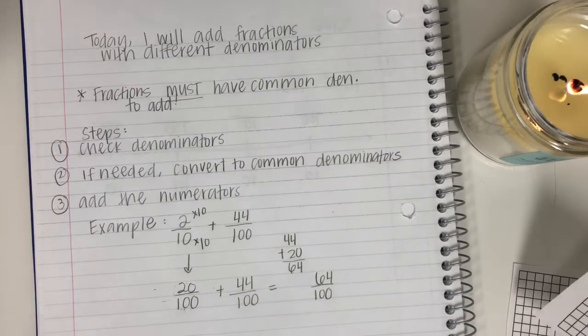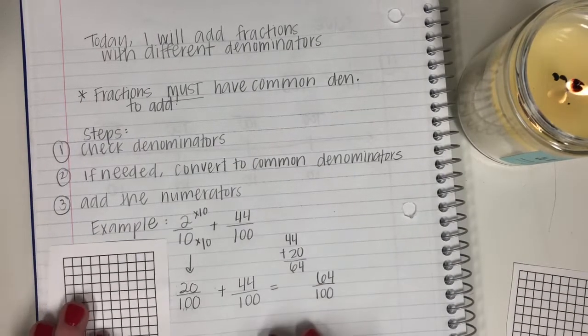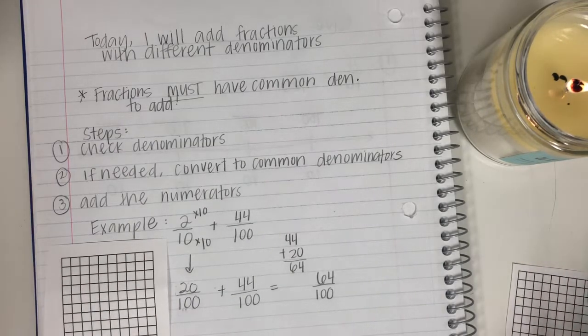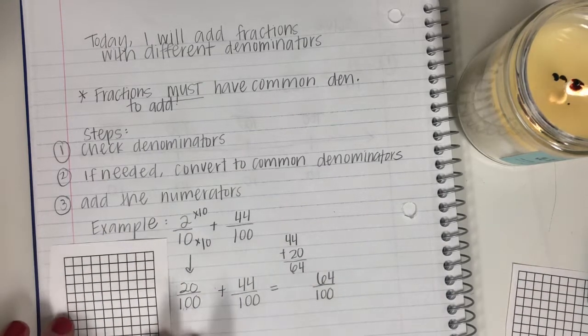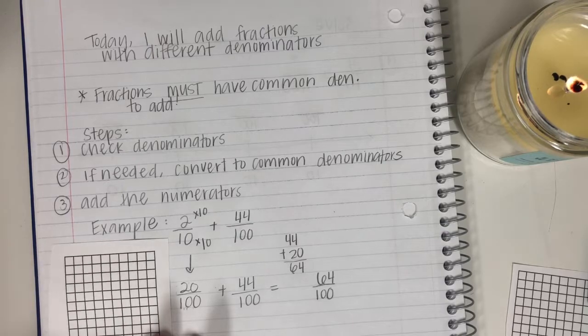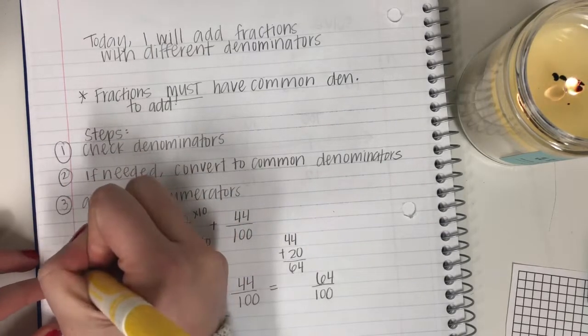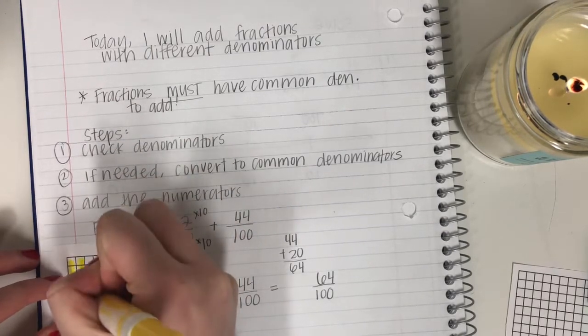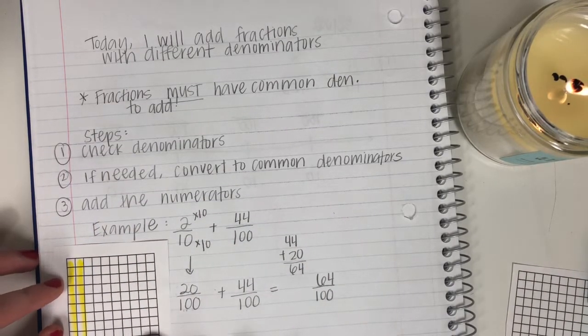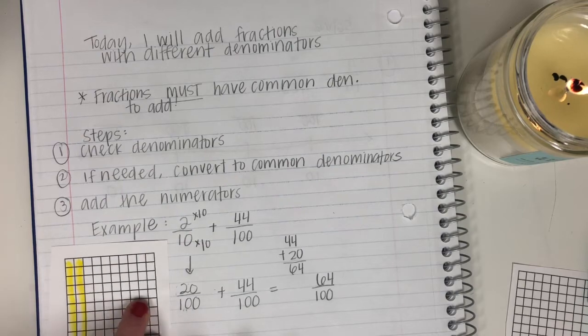Okay, now let's take our square and I'm going to put it over here to prove how I know this is true. So let's just say that we have 2 tenths. If these were just 10 rod area models, we wouldn't have any squares, right? And I would just color 2. And that's the same thing as coloring in 20, right? So this is 20 out of 100.